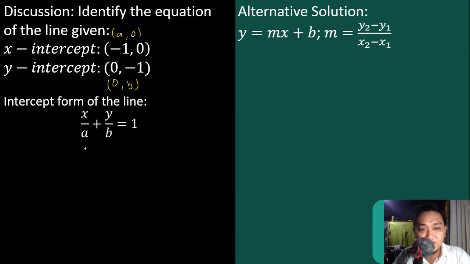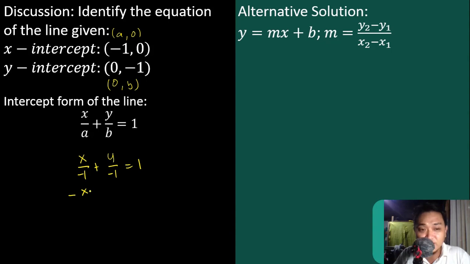So, therefore, our linear equation in terms of the intercept form of the line is x over negative 1 plus y over negative 1 is equivalent to 1. Now, let us simplify this. Positive divided by negative is negative x over 1.